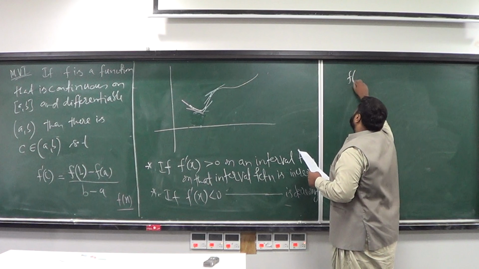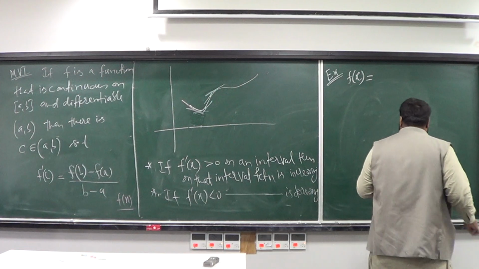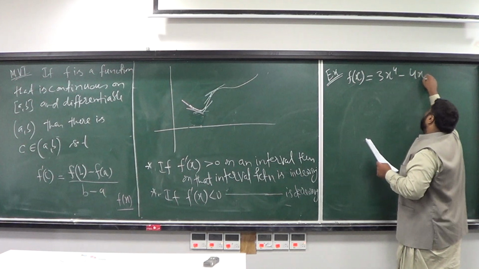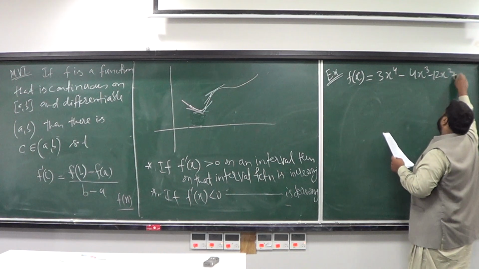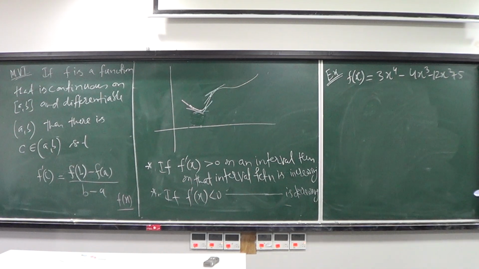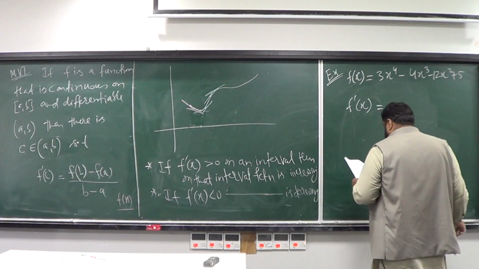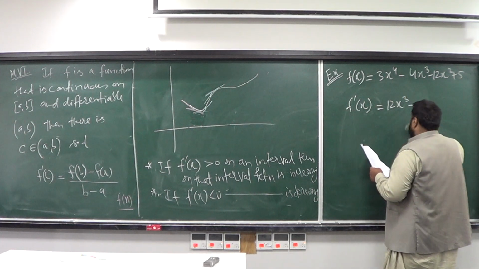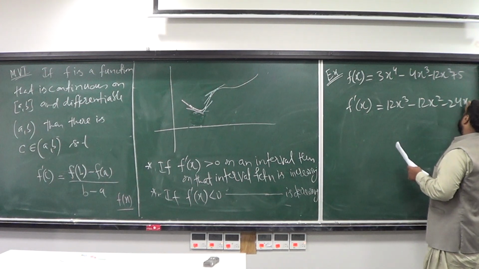So imagine I have a function f of x that goes like this: 3x^4 - 4x^3 - 12x^2 + 5. Now if you compute the derivative of it, you will face an interesting situation: you will have 12x^3 - 12x^2 - 24x.